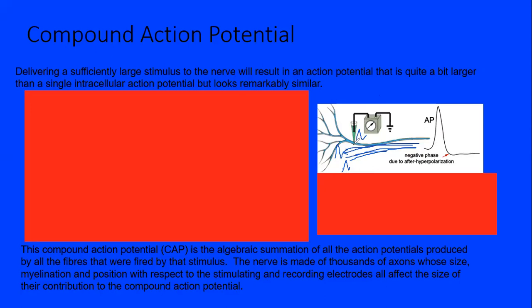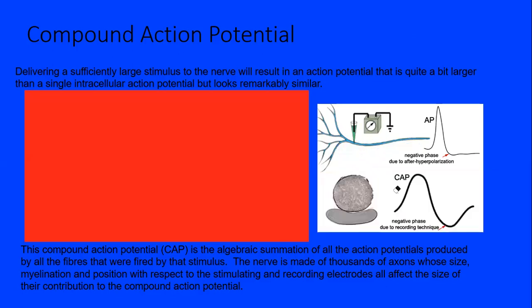When you check the membrane polarity at that particular point, it will be a summation of all these small action potentials. For that reason, you cannot talk of an individual action potential. Instead, we are going to talk about a compound action potential.